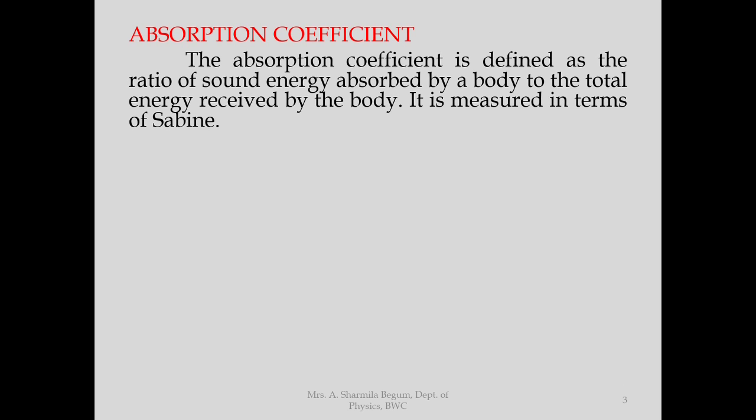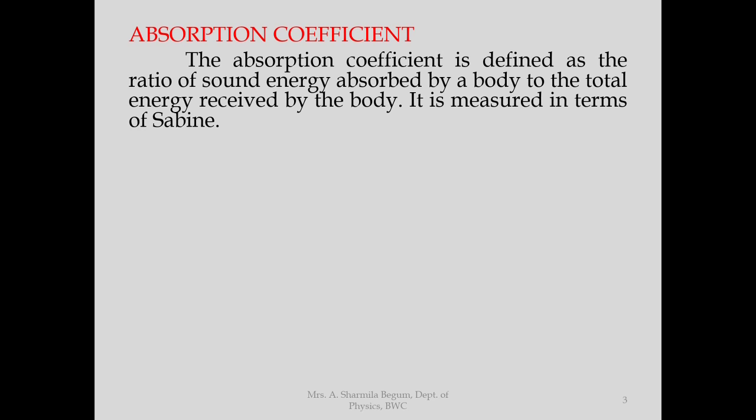Then the absorption coefficient. So, when I produce a sound in a room or a building, it falls on all the materials. Those materials have the capability to absorb a certain amount of sound. So, each and every material will have an absorption coefficient. The absorption coefficient is defined as the ratio of sound energy absorbed by a body to the energy received by the body.